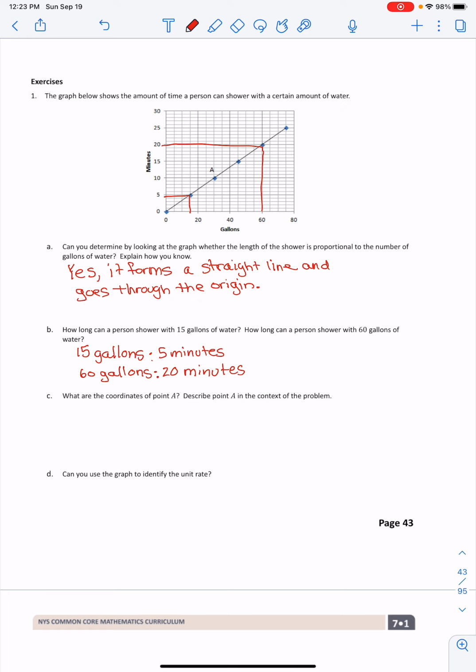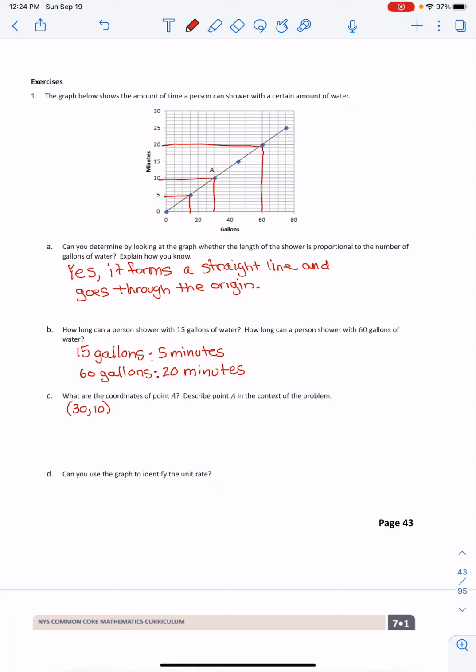It says, what are the coordinates for point A? Well, here's point A. So we have 20, 25, this is 30 over 10. So the point is 30, comma 10. And it says describe point A in the context of the problem.